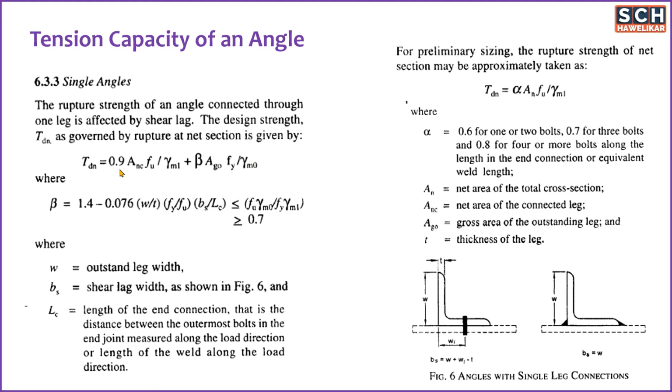TDN is equal to 0.9 ANC Fu divided by gamma m0 plus beta AGO Fy divided by gamma m0.